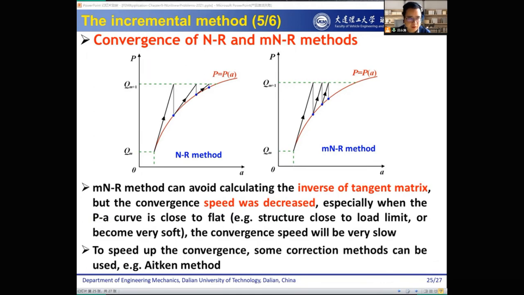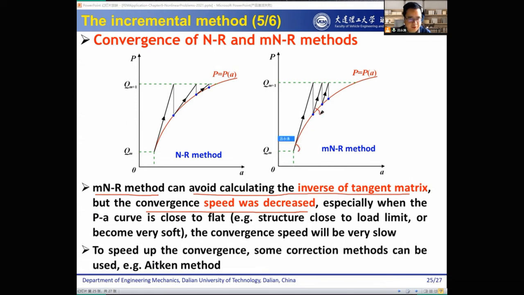So now let's have a look at the convergence of the Newton-Raphson method and the modified Newton-Raphson method. The modified Newton-Raphson method can avoid calculating the inverse of the tangent matrix, and the convergence speed is decreased. We use the initial tangent matrix.